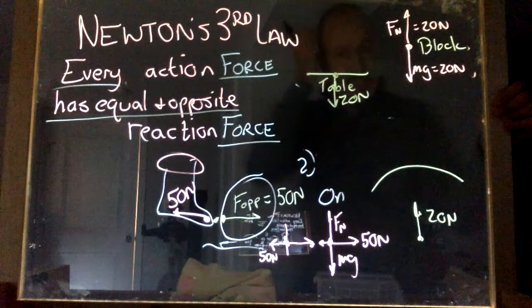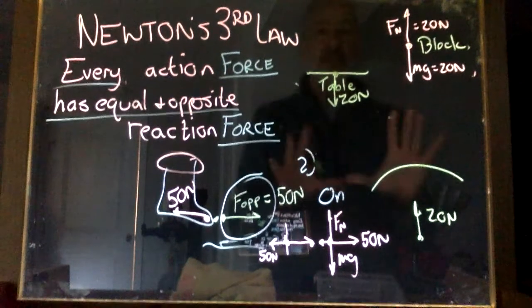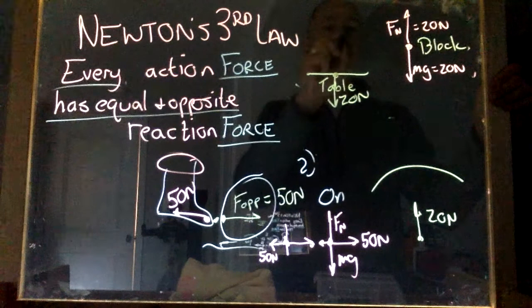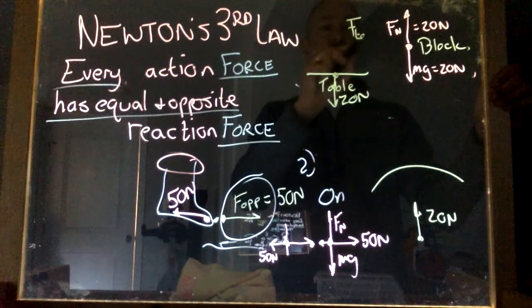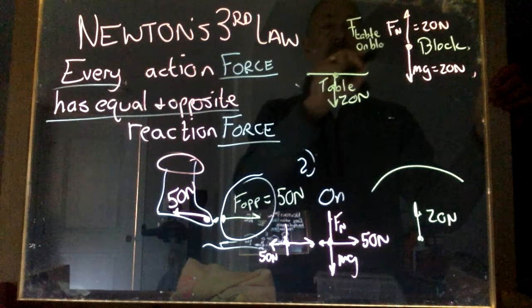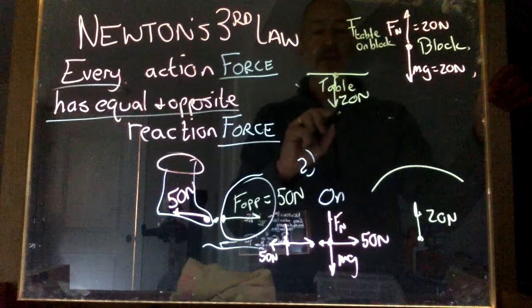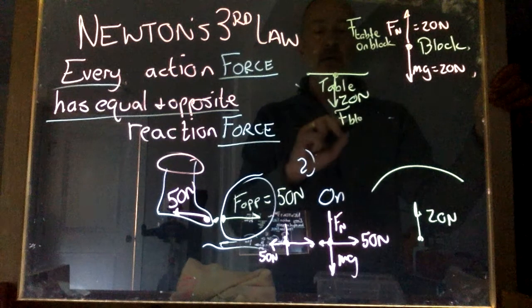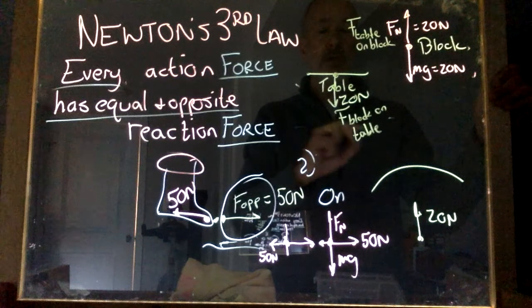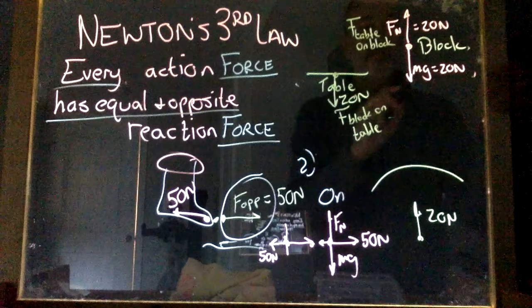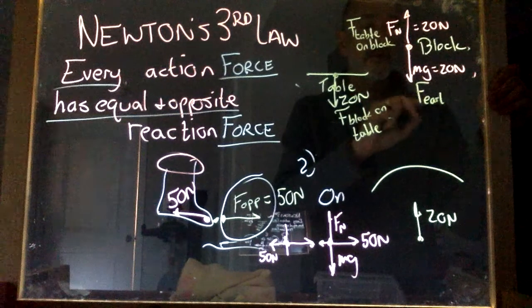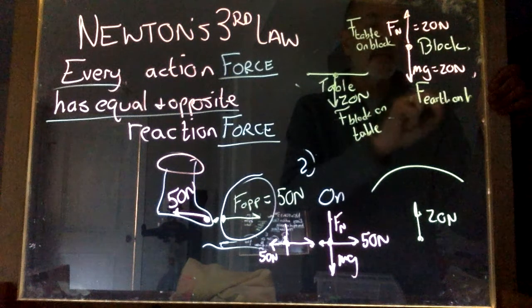It's sometimes easier to see if you label these force of something on something. So this is force of table on block. And this is the force of block on the table. Equal and opposite. This is the force of earth on block.